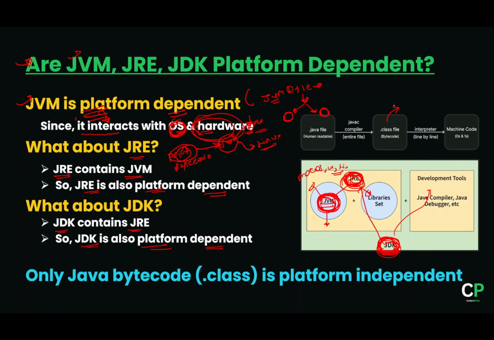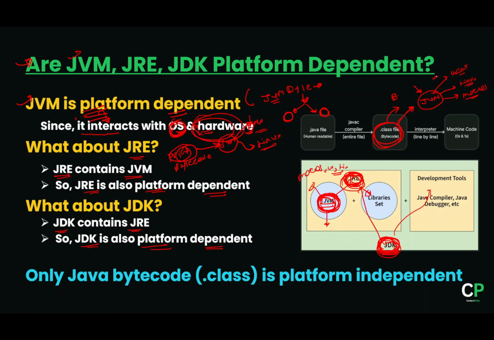Only the Java bytecode is platform independent. It means the same Java bytecode can be executed on different machines. Why? Because the JVM takes care of this. It converts the same bytecode into machine specific instructions depending on the OS.